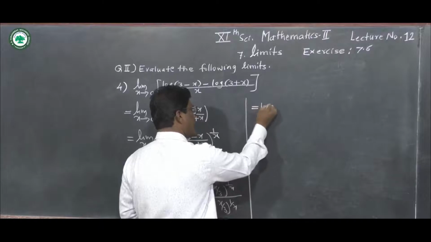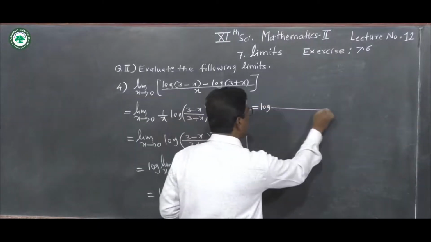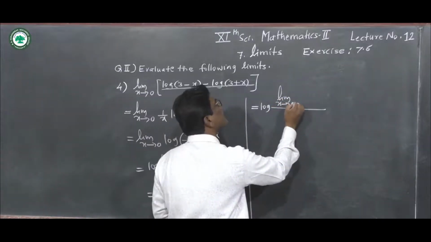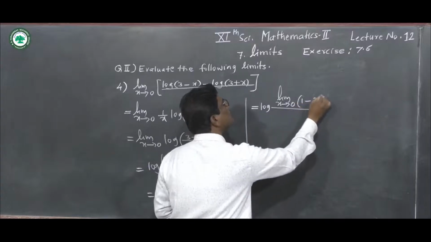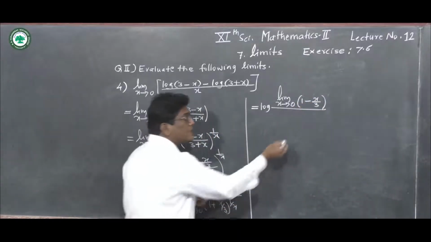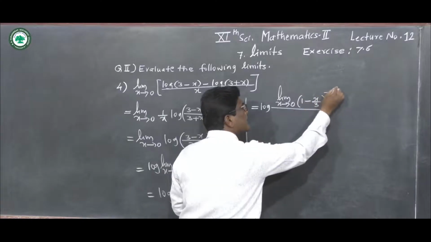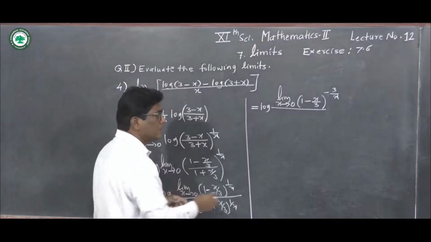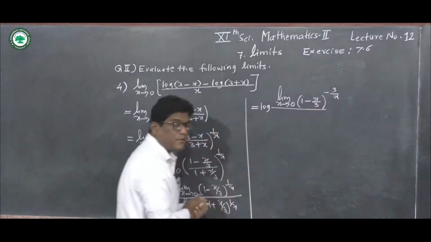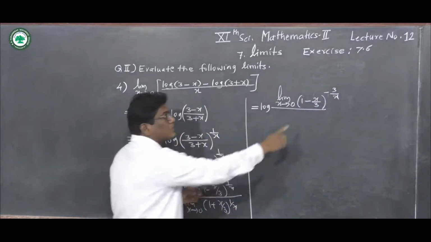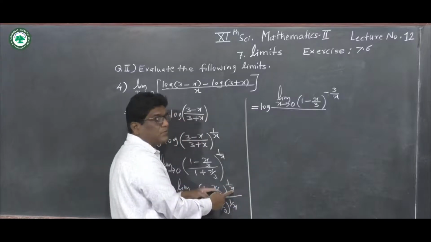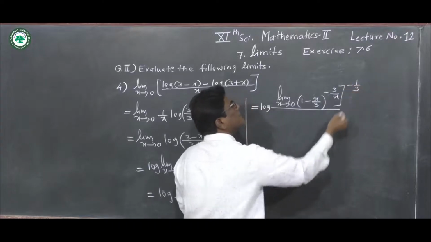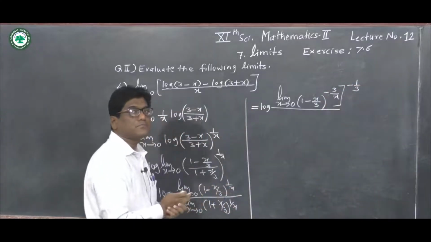In the numerator, limit as x tends to 0, 1 minus x upon 3. Take the reciprocal of minus x upon 3, that is minus 3 upon x, directly to use the formula. But here the power is 1 upon x, so out of that minus 3 upon x, 1 upon x is present. We only adjust this minus 3. So cancel that minus 3 by taking minus 1 upon 3. This 3 and 3 get cancelled when we take the multiplication.